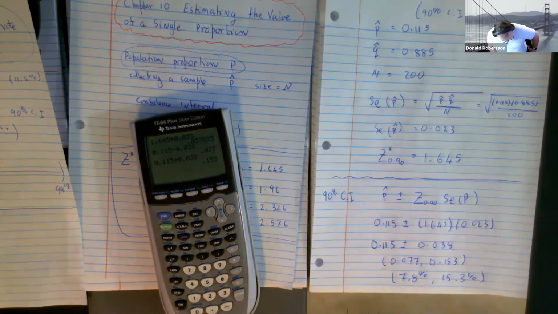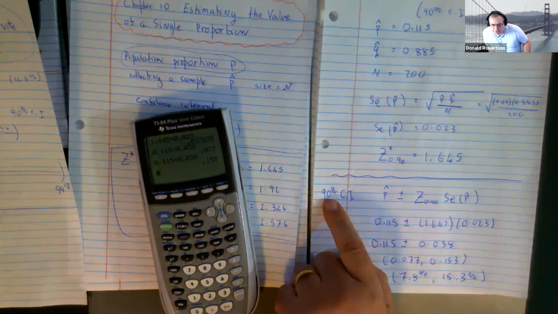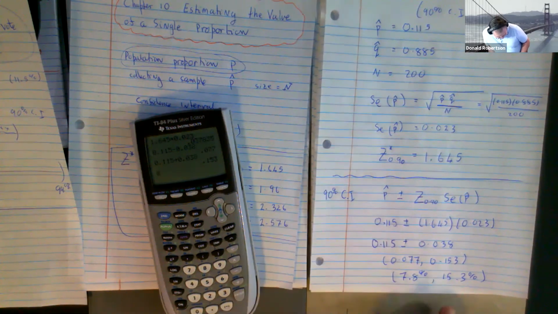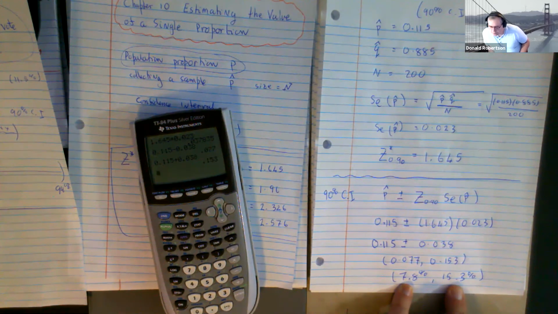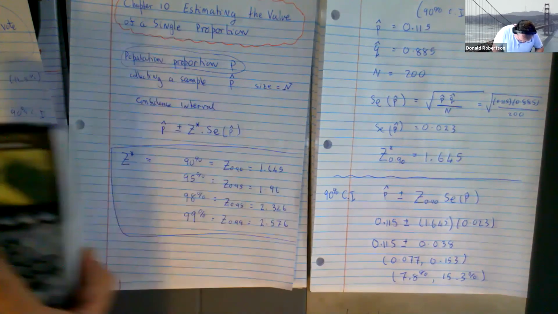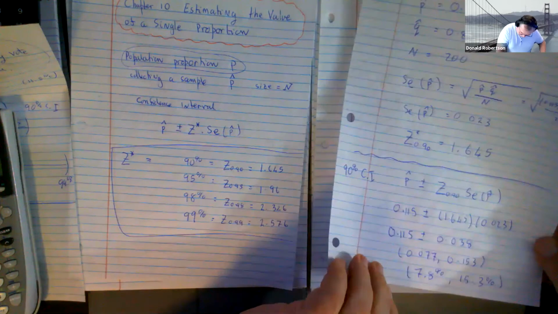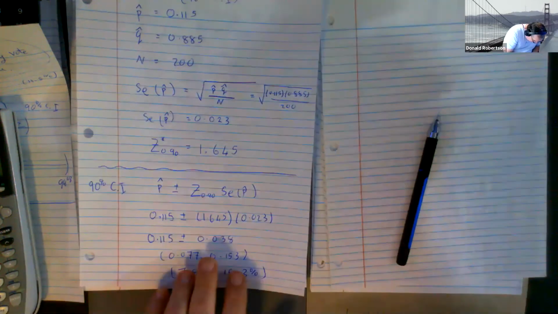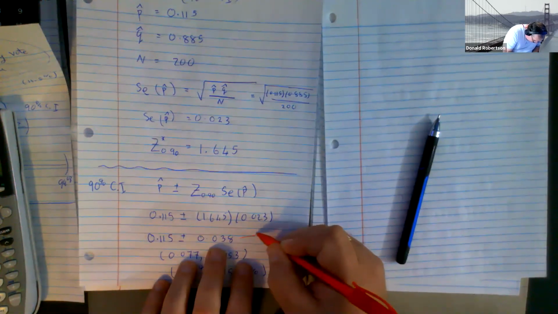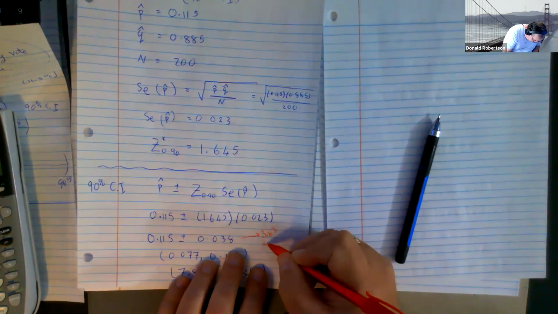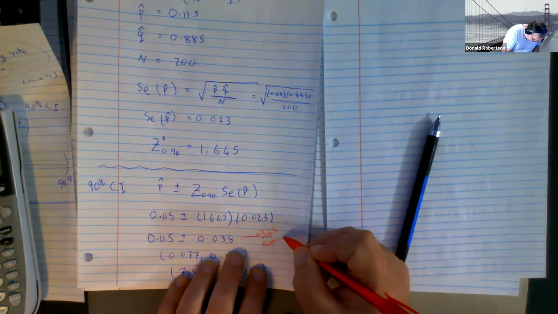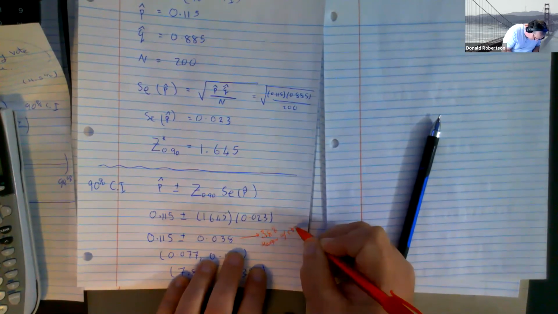So what we can conclude right now is that we're 90% confident that the percentage of people who would vote for you if you gave them money to do so is somewhere between 7.8 and 15.3%. In this question, that guy there, which is basically 3.8%, is the margin of error. That's its name.